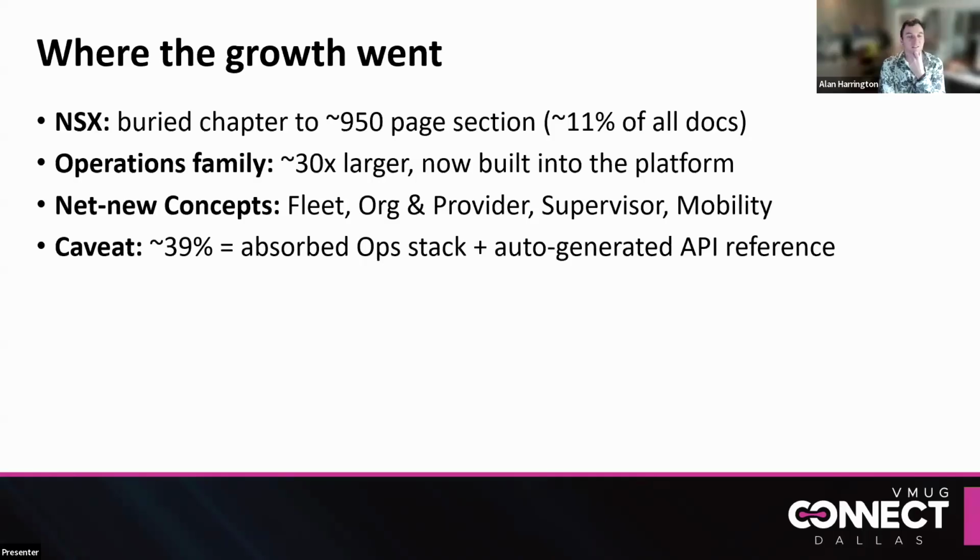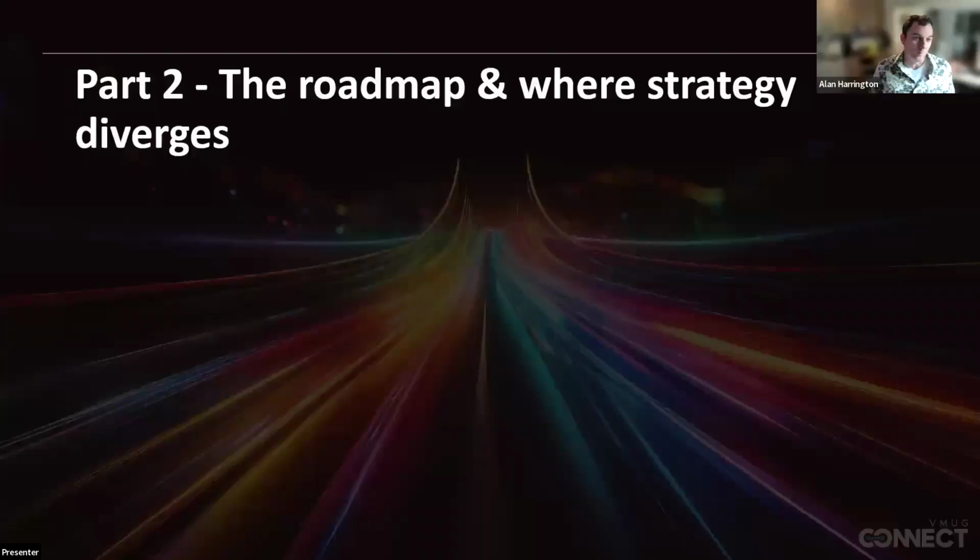The completely net new concepts are fleets, orgs and providers, supervisor, and mobility. There is a lot of extra API reference documentation that was put in, and that does add into a lot of the extra documentation, as we can see. So even though it was a 6.6x increase, 39% of that was absorbed by operations and then auto-generated API references. So there's a lot of pages, but it's not horrible, horrible, horrible.